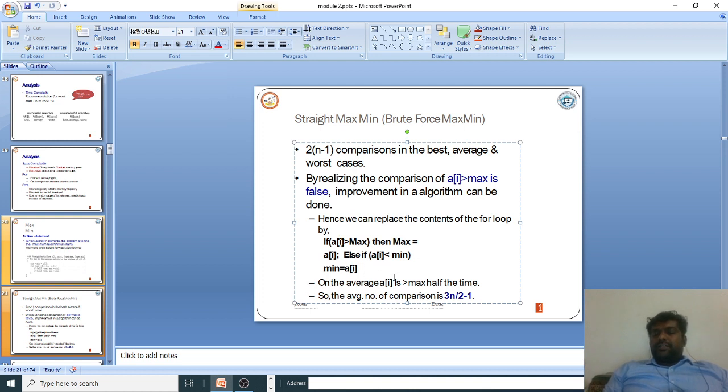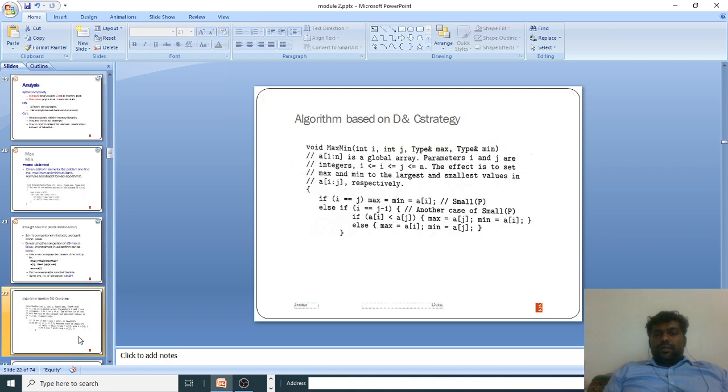On the average, A of i is greater than max half of the time. So the average number of comparisons is 3n by 2 minus 1.